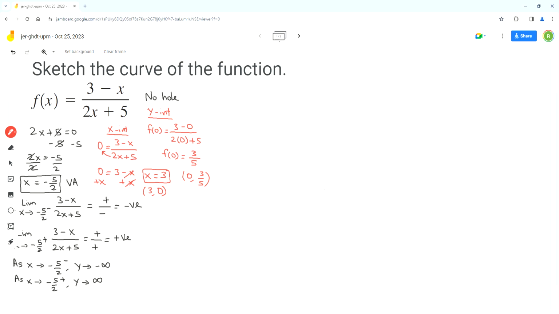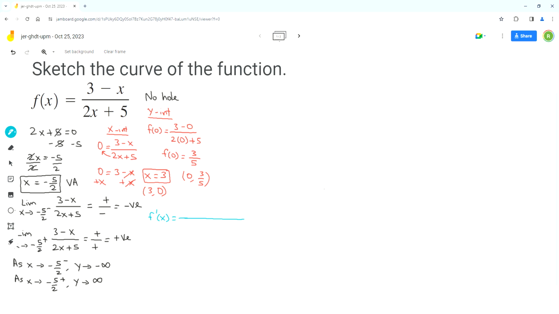Now the next step is to find the critical point. So for that, we need to find the derivative of this function. Now this function is a rational function, so we can use the quotient rule to find its derivative. So our first step will be, f prime of x equals the derivative of the numerator.